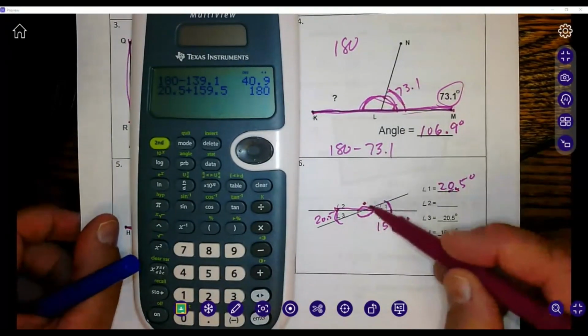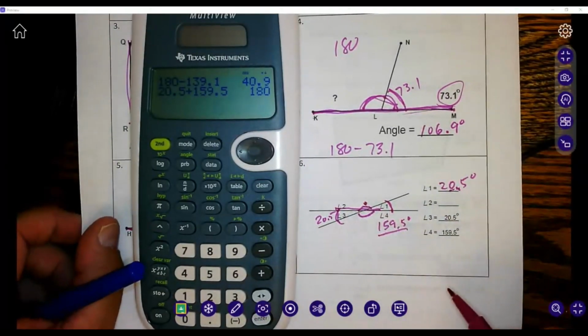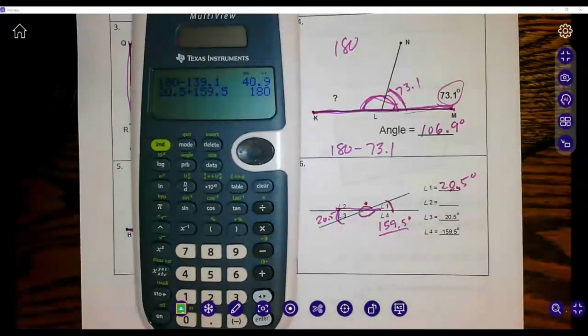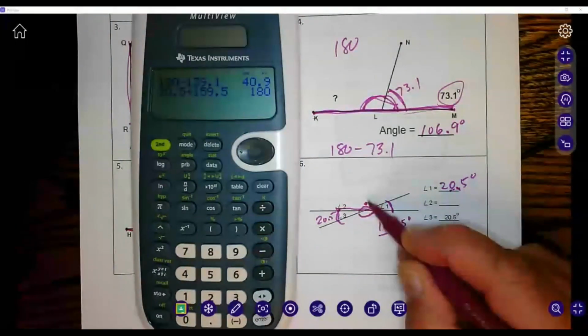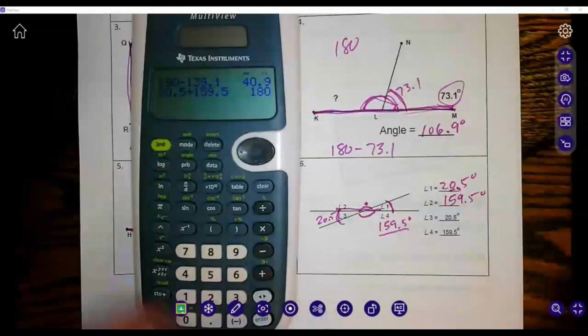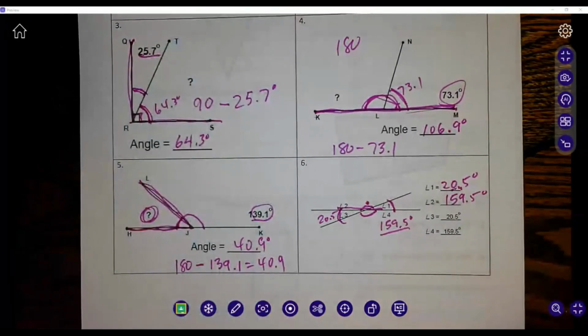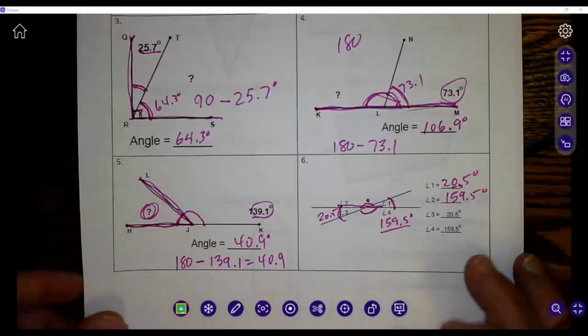We know that angle 4 is 159.5. Angle 2, don't have to do any calculations here. Yes. Angle 2 is vertical to angle 4, and so angle 2 is 159.5 degrees. There was no calculating there. We just have sets of vertical angles.